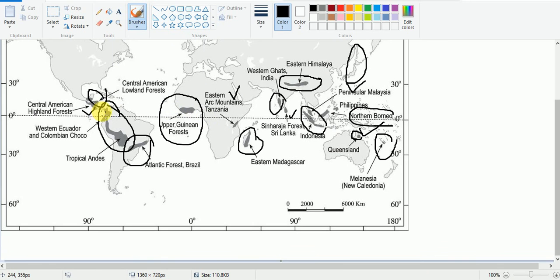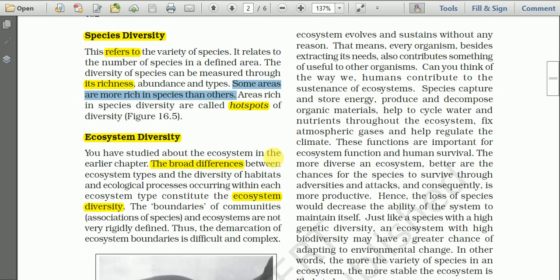Here Colombia, this area, then Kenya, this African country, have more than 100 breeding species of birds. So this is about species diversity.